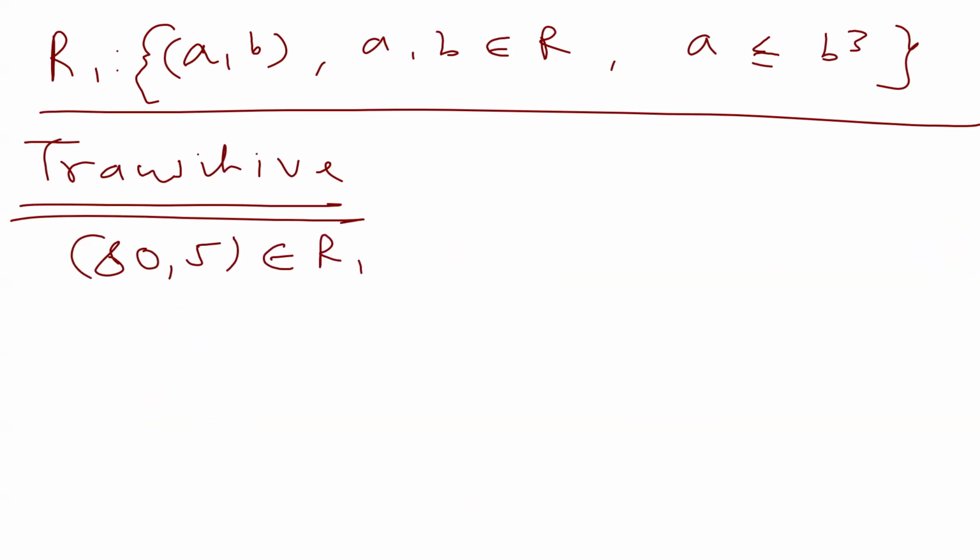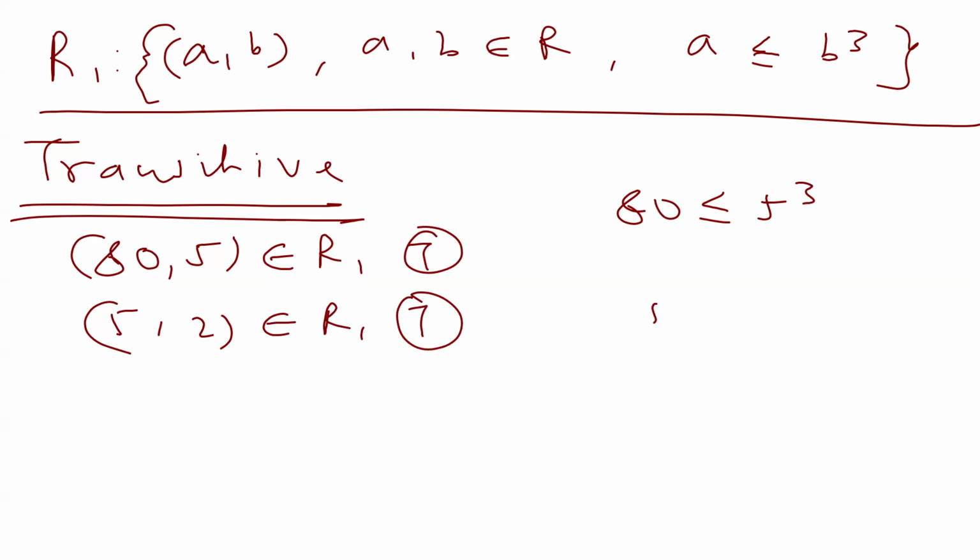This belongs to R1 because 80 is less than or equal to 5 cube. 5 comma 2 belongs to R1. This is also true because 5 is less than or equal to 2 cube. Now we need to check 80 and 2.